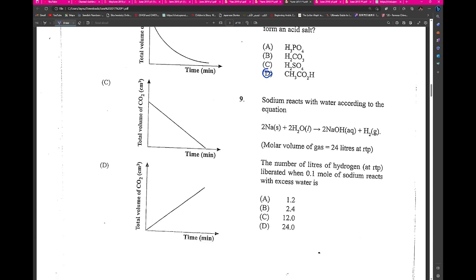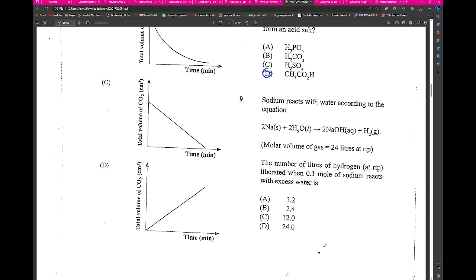Okay, looking at this now. Sodium reacts with water according to the equation here. The number of liters of molar RTP liberated is... 24 liters at RTP. So the molar volume. Look at the volume. So 2 would give us 24 dm3. Right, so hydrogen gas, 0.1, would give us how many?